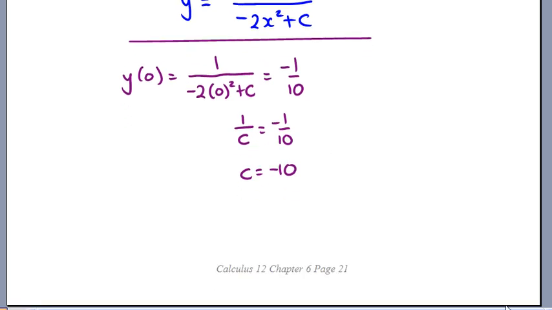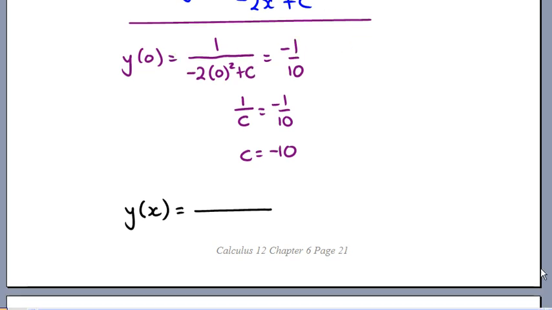So here's my final answer. The solution to this separable differential equation, this y function, it's made up of x's, right? That's why some people like to celebrate that and say, y of x. It's 1 all over negative 2x squared minus 10.